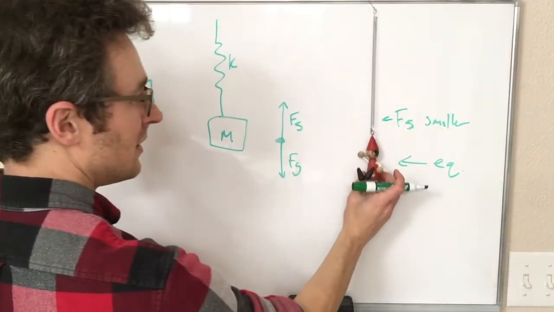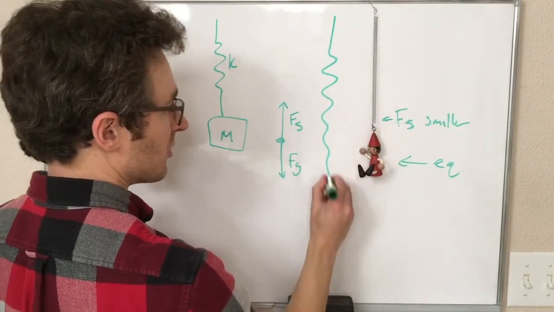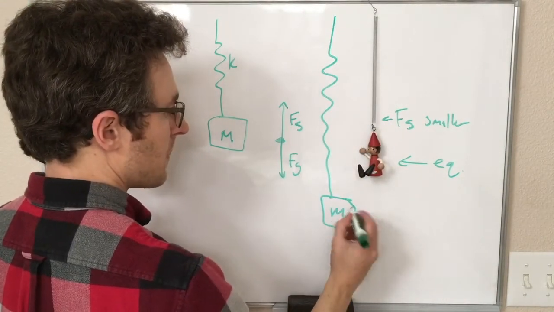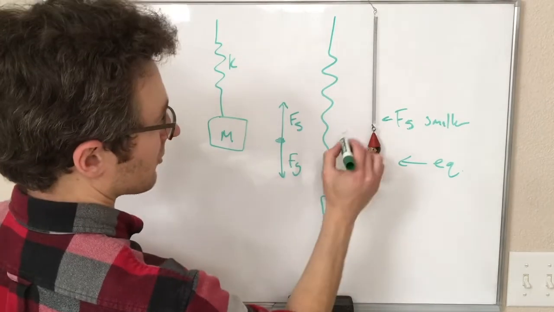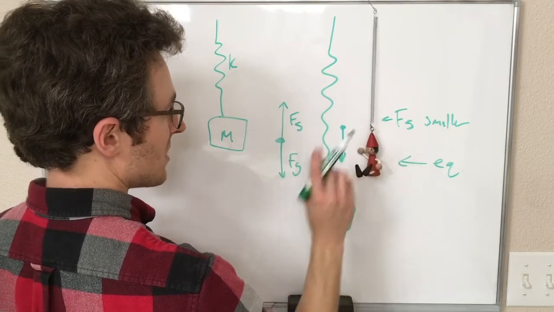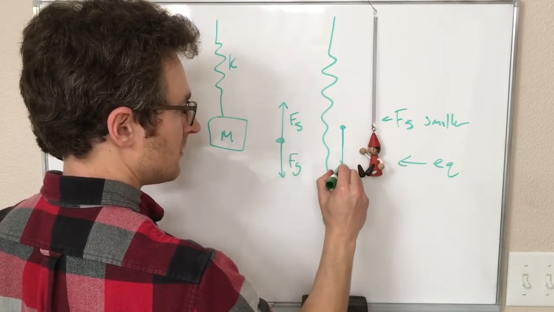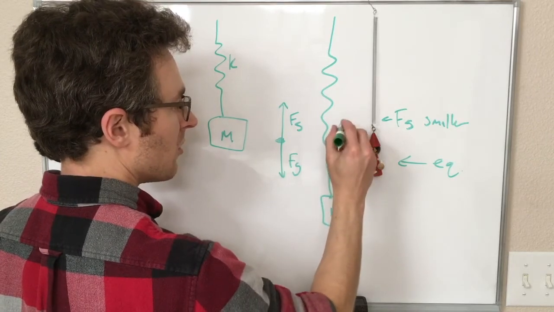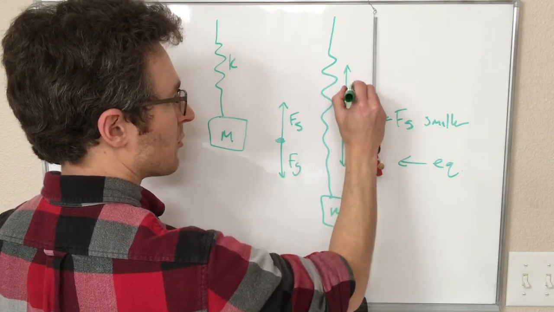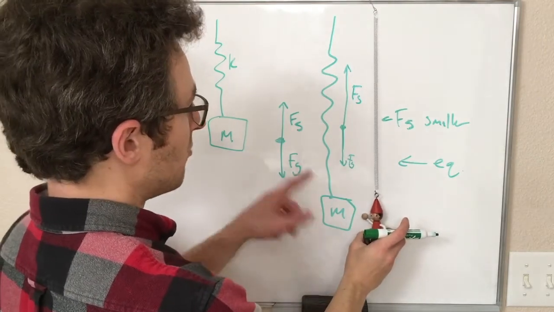If I pull it down from its equilibrium position, then we have our spring really stretched a lot. Now our free body diagram, I'll try to cram it in here. Our free body diagram still has the same downward force of gravity, the same size. But now the upward spring force is bigger because we have stretched our spring more.